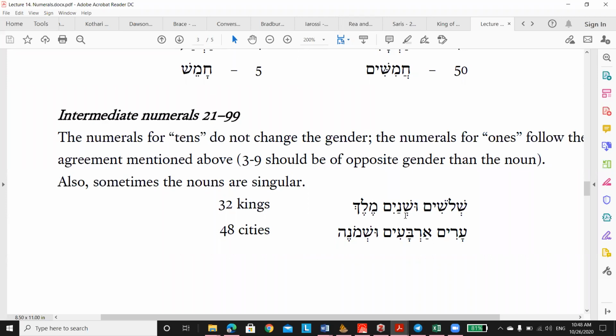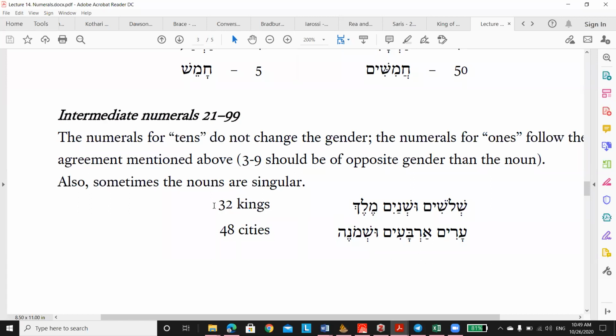And we need to agree, only the ones should agree, but of course of opposite gender, with the gender of a noun. For example, but it is only from 3 to 9. If it is 1 or 2, it doesn't change, it should agree with the gender of a noun, but if it is from 3 to 9, it should have an opposite gender.